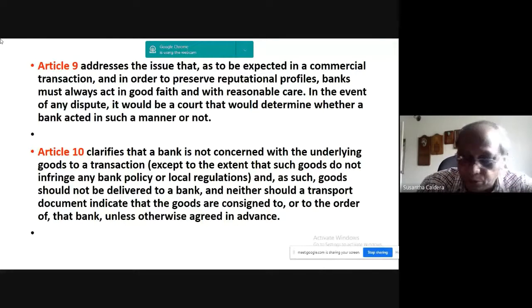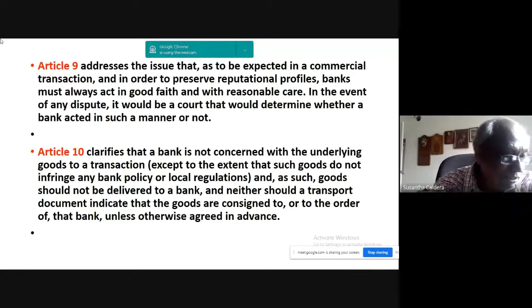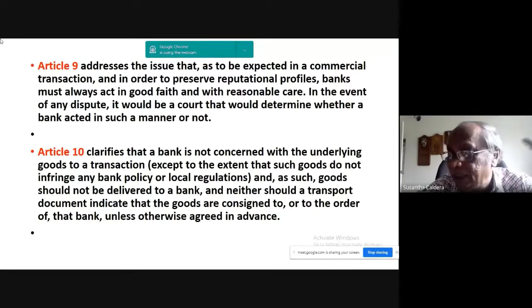First, the bank has to endorse it, and then the bank has to endorse it to the customer. Then the customer will go and collect the goods. But in principle, the bank is the consignee, so we are getting dragged into unnecessary things.